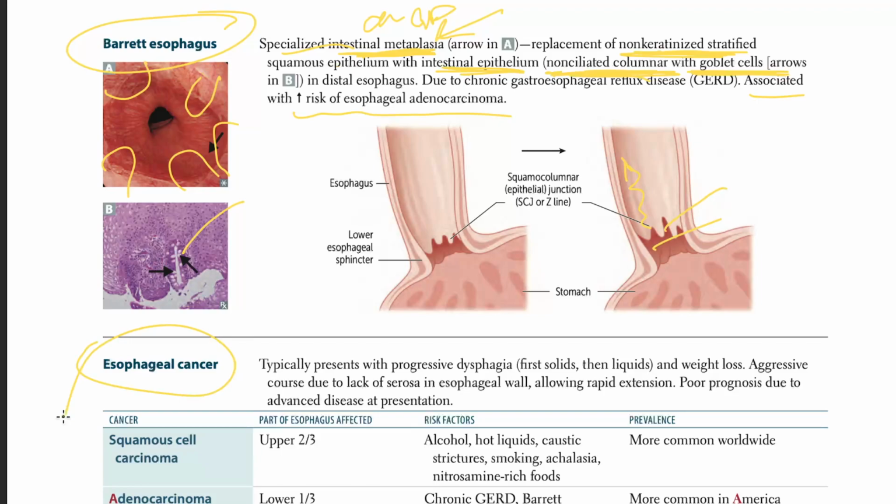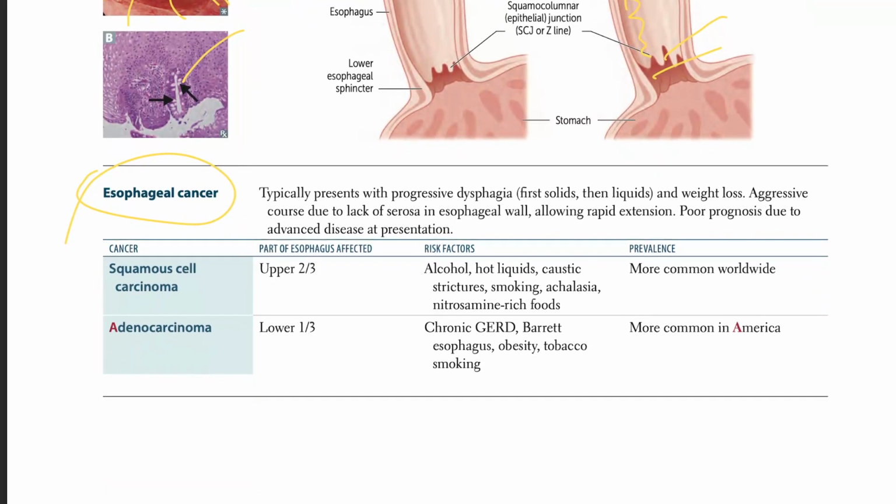Now let's talk about esophageal cancer. It typically presents with progressive dysphagia, first to solids, then to liquids, and weight loss. Esophageal cancer has an aggressive course due to lack of serosa in the esophageal wall.